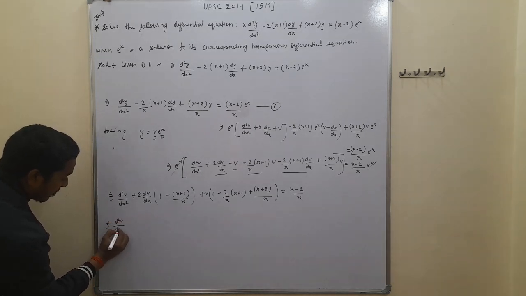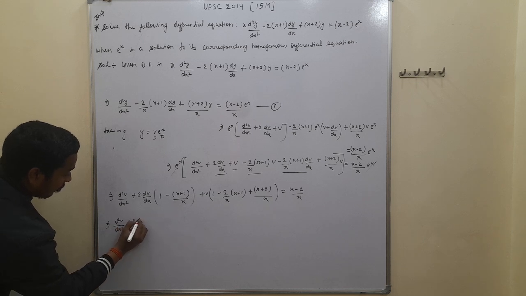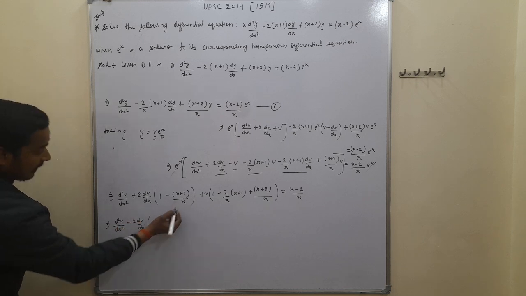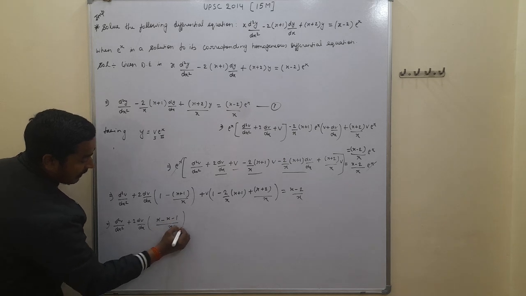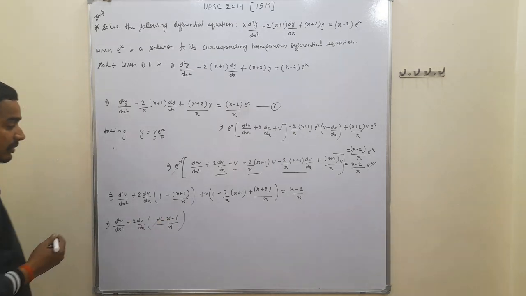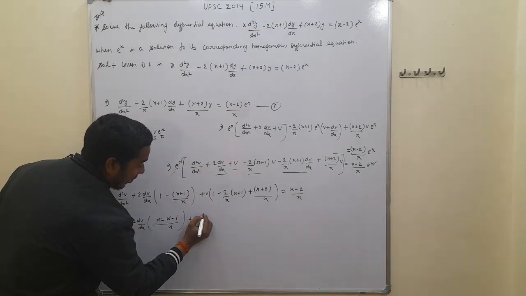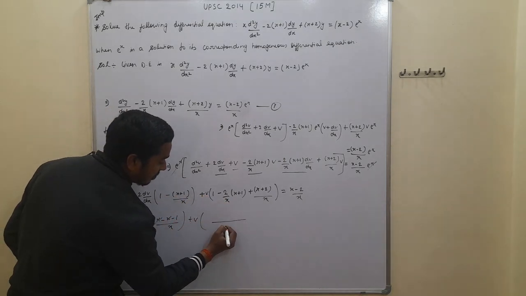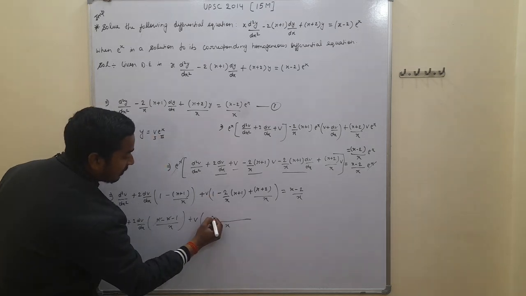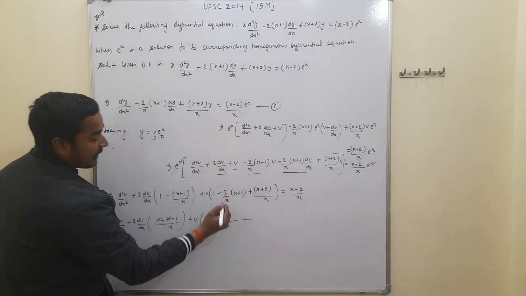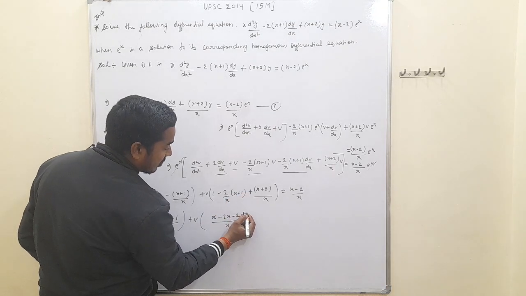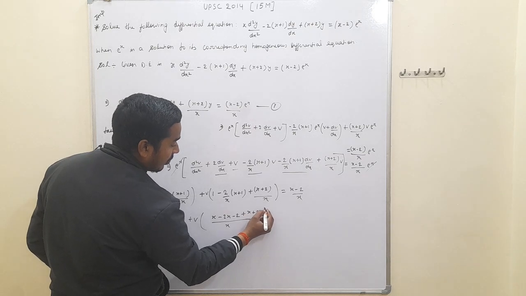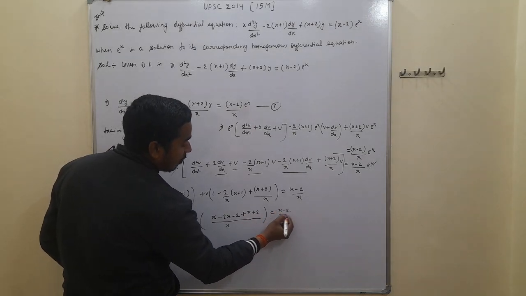d²v/dx² plus 2 dv/dx. When we have to solve here, this gives x minus, minus multiplied with this bracket, this gives minus and minus 1/x, and from here plus x and minus x is cancelled out, and plus v, and we have to take LCM, this LCM is x, and this is given by x minus, taking open bracket, this is minus 2x and minus 2, and here is plus x and plus 2 is equal to (x - 2)/x.